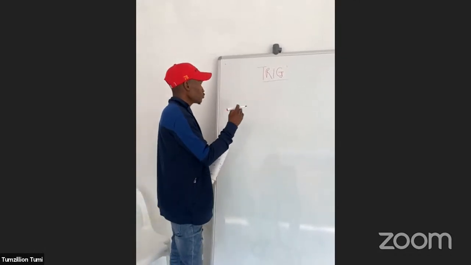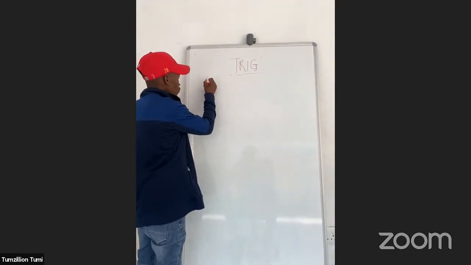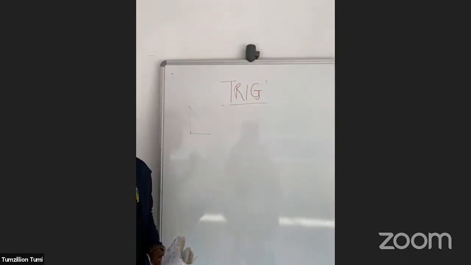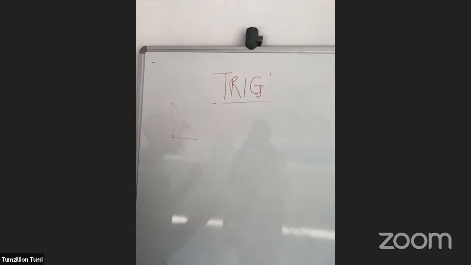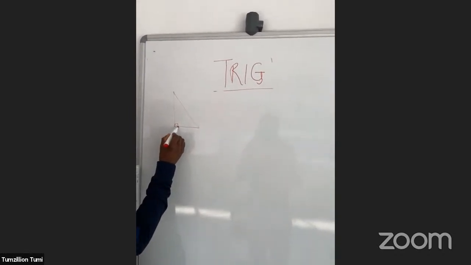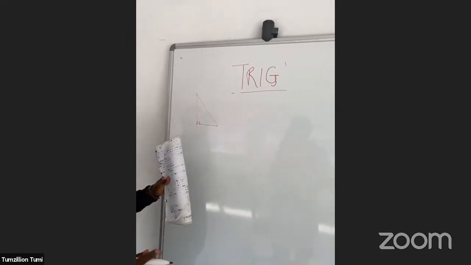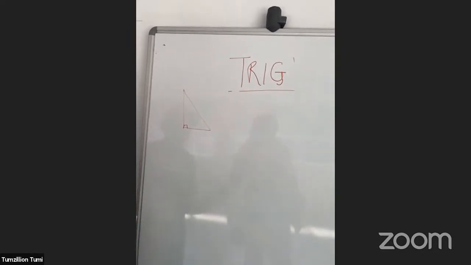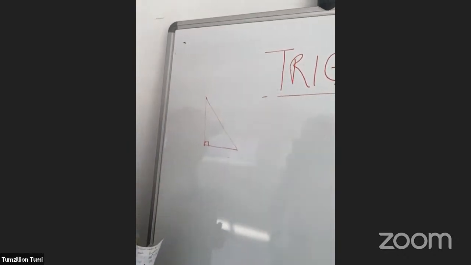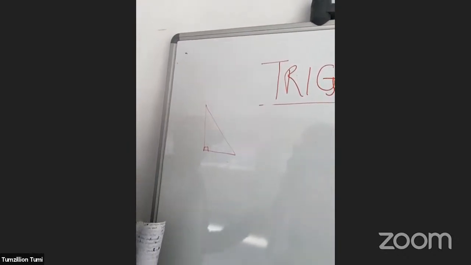Okay. So as you know, when we deal with trigonometry, we cannot talk about trigonometry without mentioning what we call the trigonometric functions. All right. So suppose we have a right angle triangle. You know that in a right angle triangle, normally we call this vertical side the length.